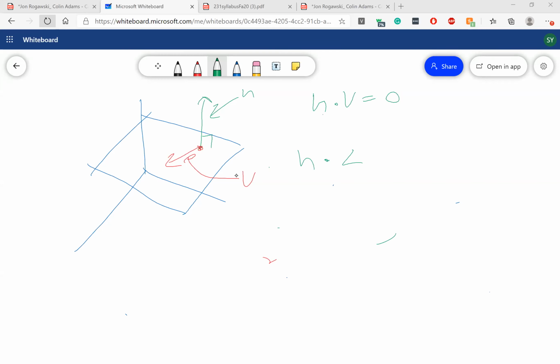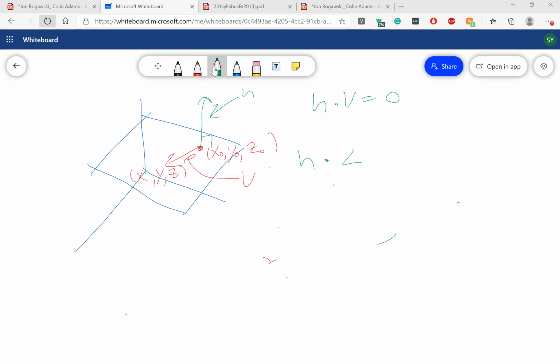So the vector v, if I write this again, the point over here, if we write this point as the point x0, y0, z0, so that's one point on the plane. And then for any other point on the plane, because we're looking at the set of all points on the plane, we can just write them as x, y, z.